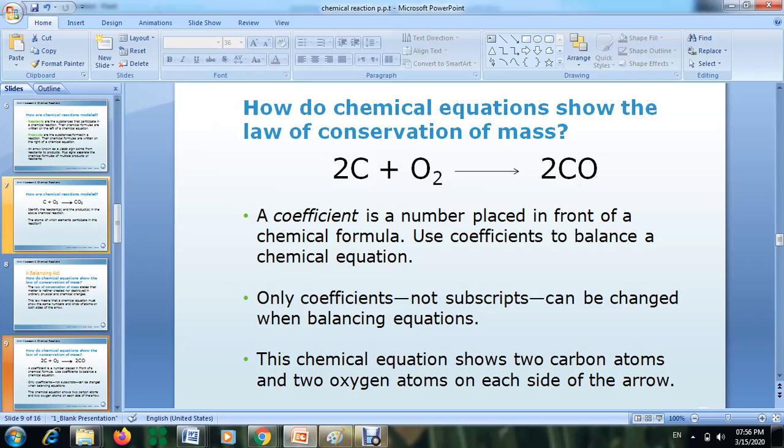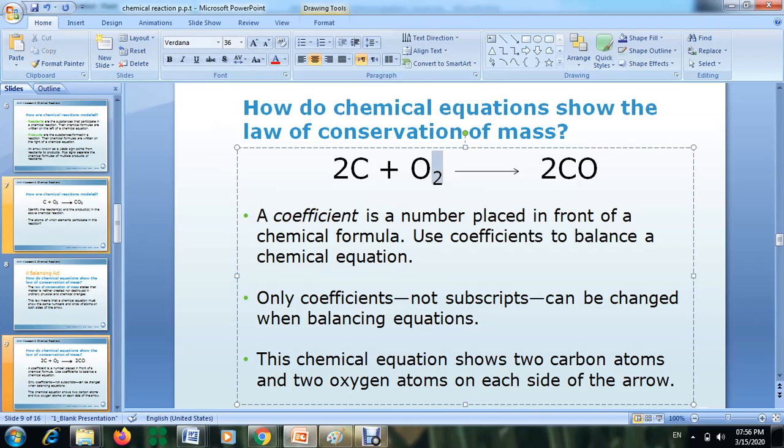If you look at this equation here, you have carbon and oxygen as reactants, and you have the arrow here. Then you have the product, which is CO, carbon monoxide. We have learned before that the number below and to the right of the element is called a subscript.